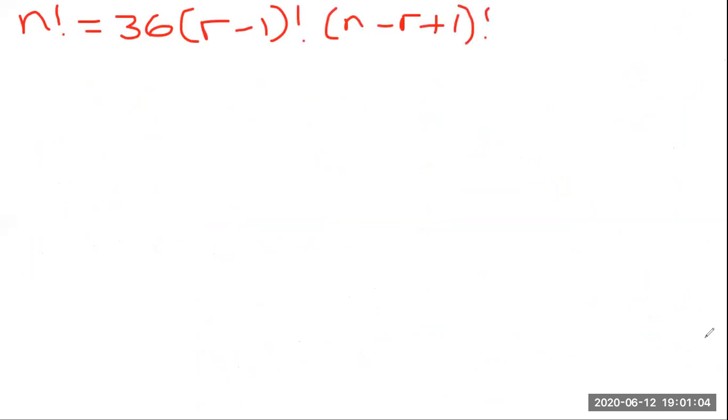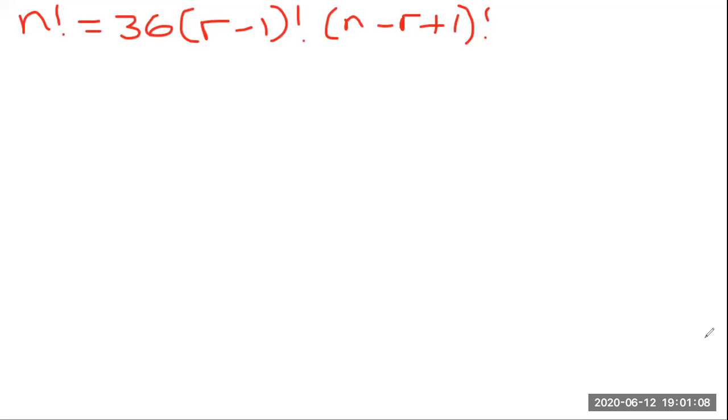Okay, so we've got the 3 combination equations. So instead of having it as a fraction, I'll just multiply both sides and make n factorial the subject for all the equations. So you get n factorial is 36 times r minus 1 factorial times n minus r plus 1 factorial for one of them.